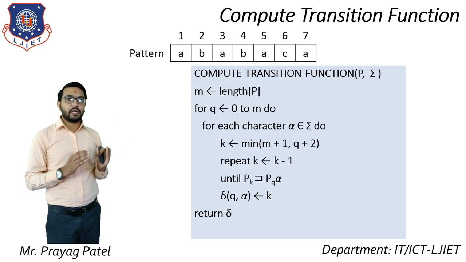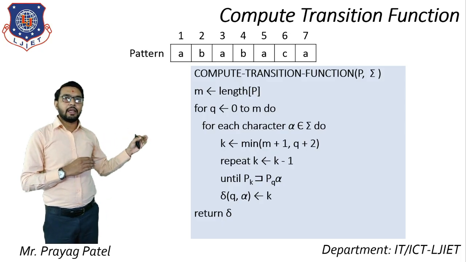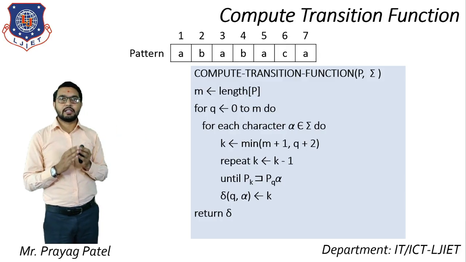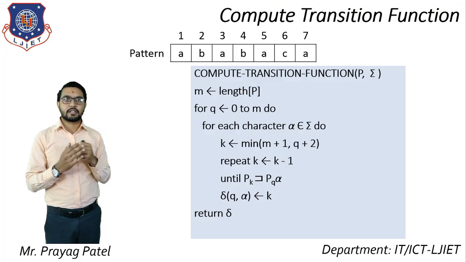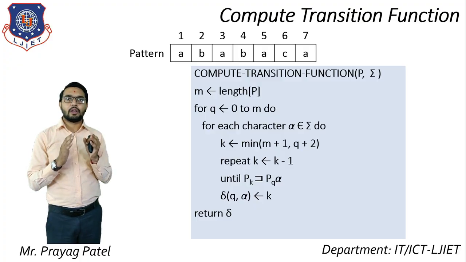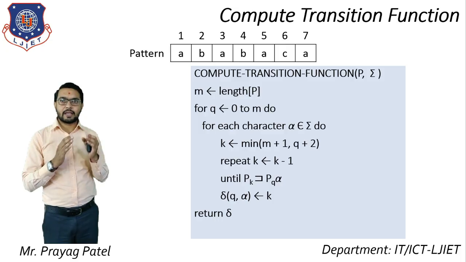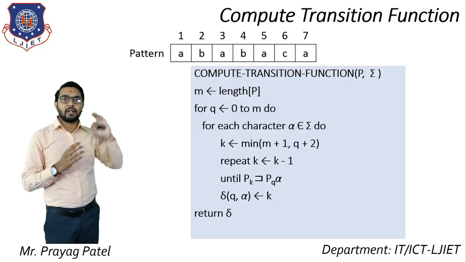Now next, for each character alpha belongs to sigma, k equal to minimum of m plus 1, q plus 2. Here sigma means the set of input or output symbols. So here the input and output symbols are A, B and C, because in this given pattern we have three characters.